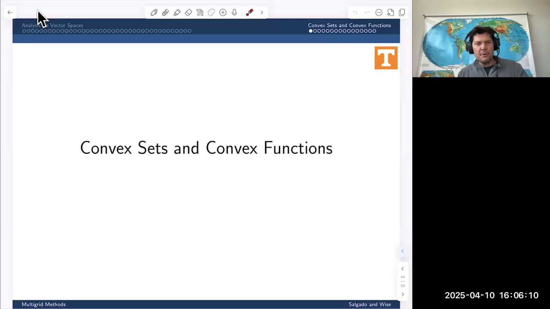Welcome back to Multigrid Methods. Today we're going to finish up slide deck number 1 for chapter 11. If you're following along in the notes, that's chapter 11. If you're following along only in the slides and slide decks, then this is actually chapter 10.